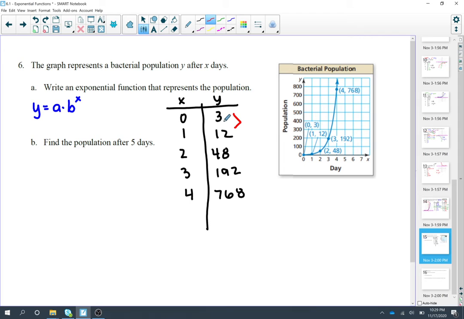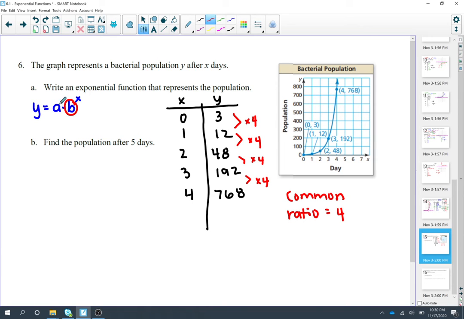So 3 to 12, I would multiply by 4, 12 to 48, multiply by 4. So I know, looking at my data, that my common ratio is 4.